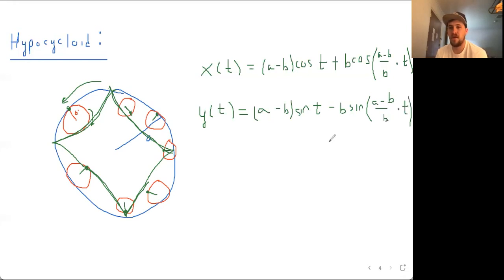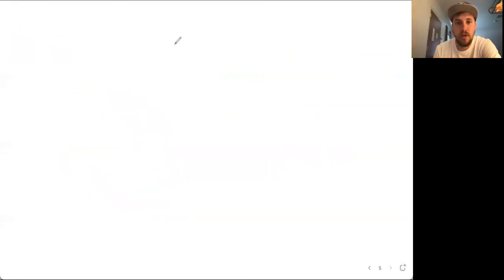Again, it would be standard to consider this between t values of 0 and 2 pi. And so these are what we call hypocycloids. And there's one last example that I'd like to talk about, which is pretty cool. And these are called epitrochoids.